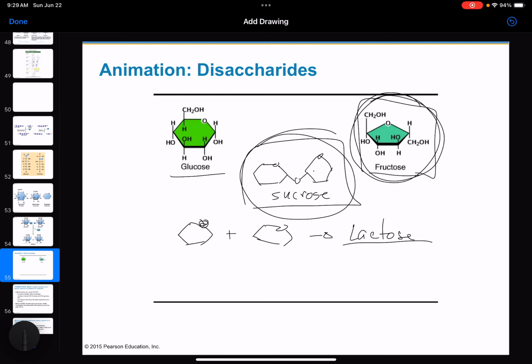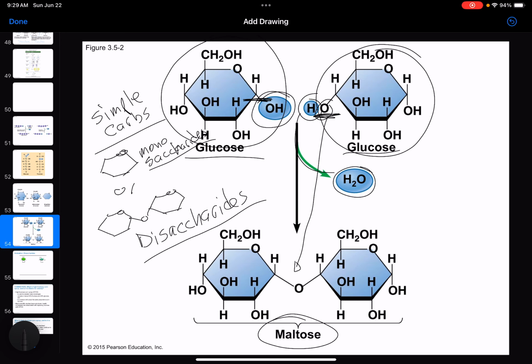Okay, so sucrose, lactose, maltose, all of them, along with glucose and fructose, all of these are examples of simple sugars, and all of them have some things in common. They all taste sweet, and they are very quick sources of energy.